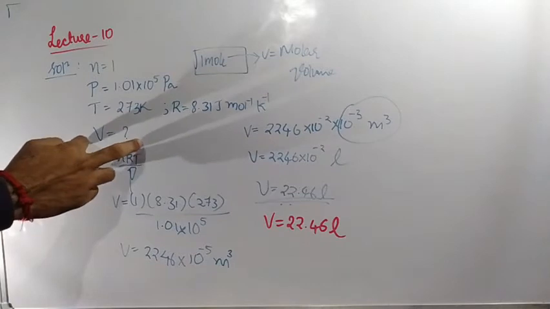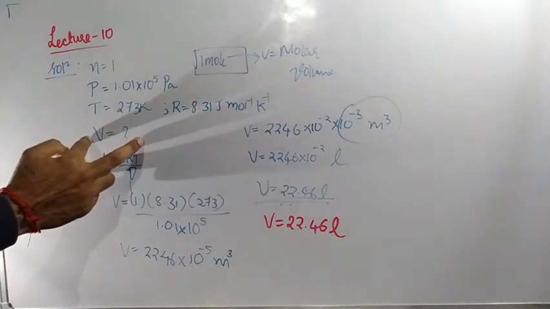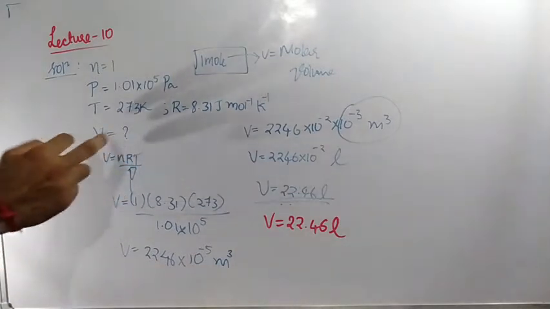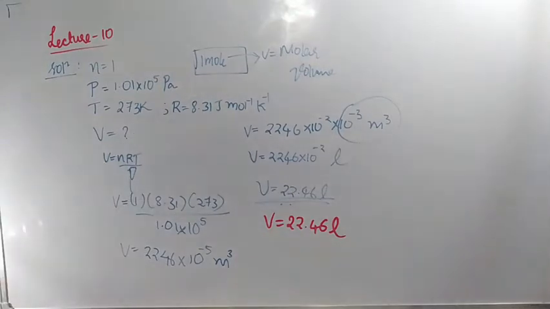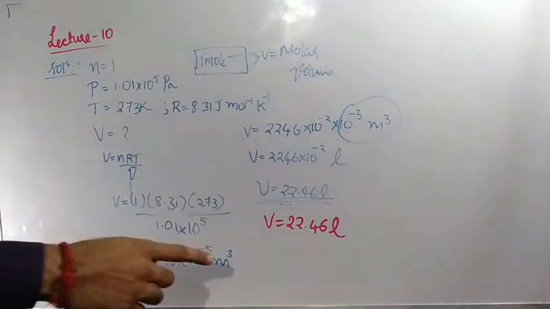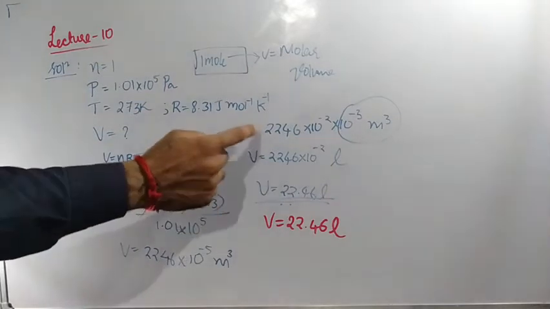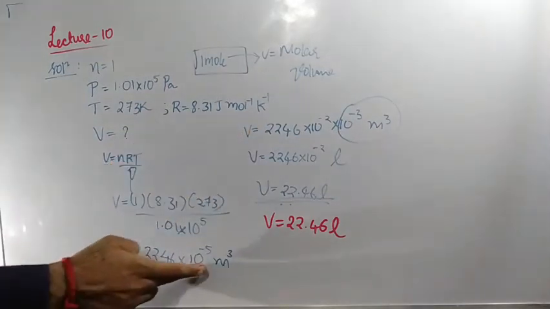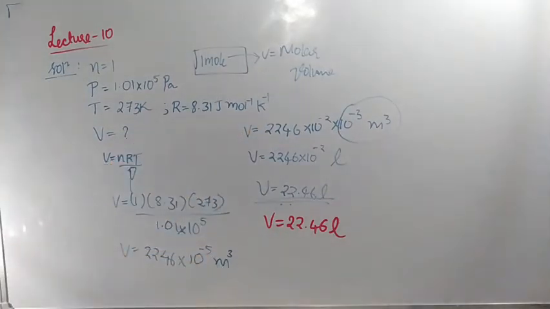And actually we calculated the volume over here. From PV equals nRT I separated V, and calculating step by step, we get the V value as 2246 into 10 to the power of minus 5 meter cube. But we want the answer in liters.